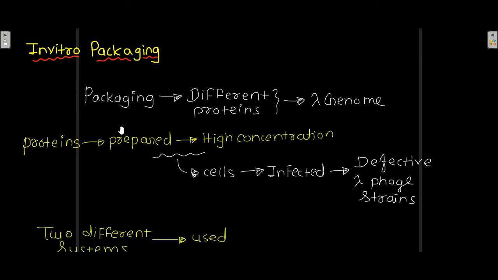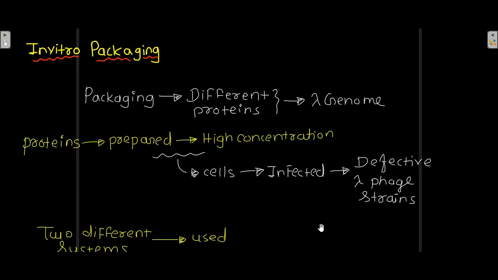This packaging requires a number of different proteins which are encoded by the lambda genome. These proteins required for in vitro packaging can be prepared in high concentration from the cells which are infected by defective lambda phage strains. So to produce these packaging proteins, you use defective lambda phage strains.